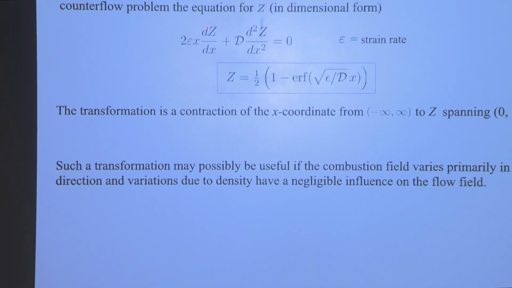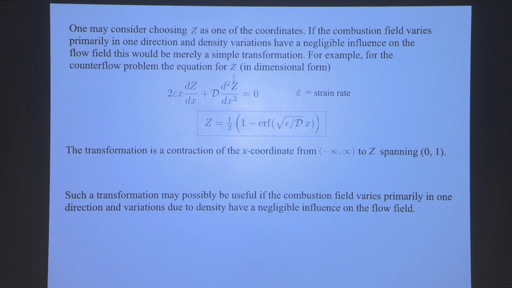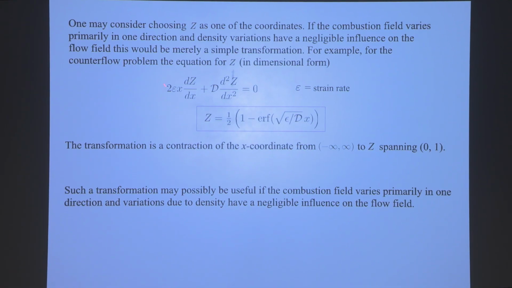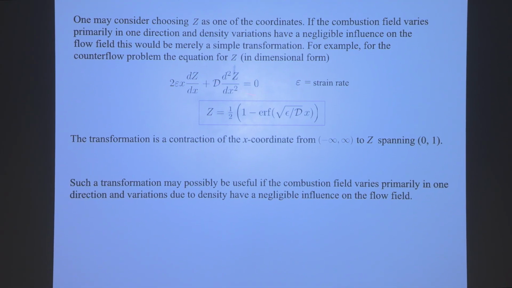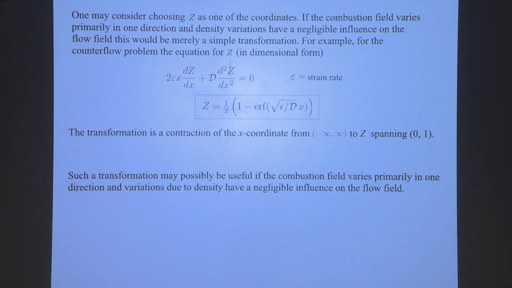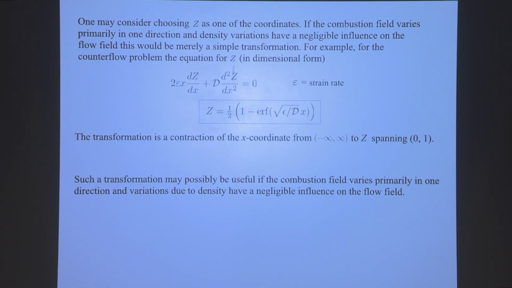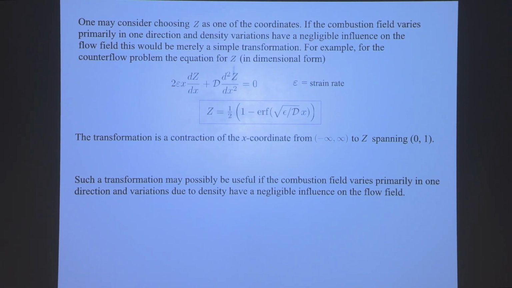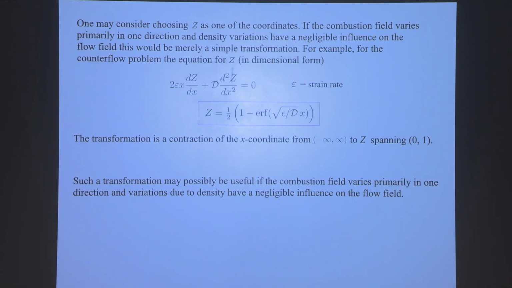In a simple situation like the counterflow, for example, you can express the Z equation like this, and you can solve it. Remember, the equation for Z is just an operator, the same as the fuel, oxidizer, and temperature equations, equal to 0. And for unity Lewis number, or one common D if you want, you can compute Z. So what's the difference between using Z or the coordinate x that we had in the graphs before?